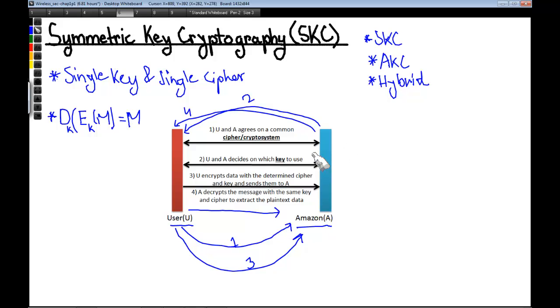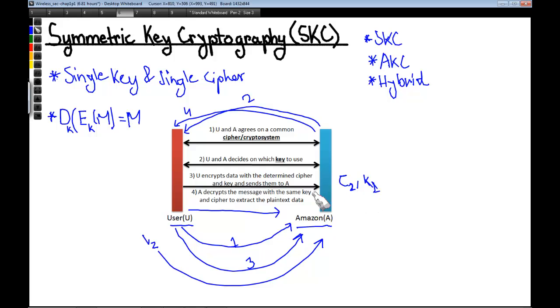Let us assume that this system works fine among only this single pair, but what happens if more and more users start to come in and tell the company that they want to buy something from the store? Suppose U2 comes, or user 2, and tells Amazon, or A, that I want to buy a router from your store. So A needs to create more and more ciphers and more and more keys to provide for each of its customers.